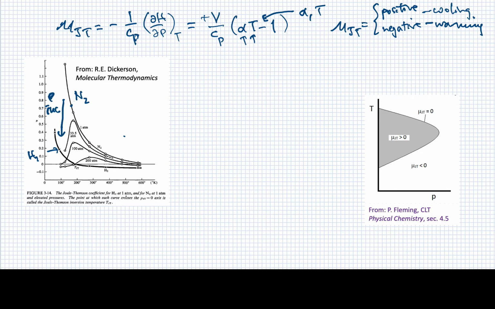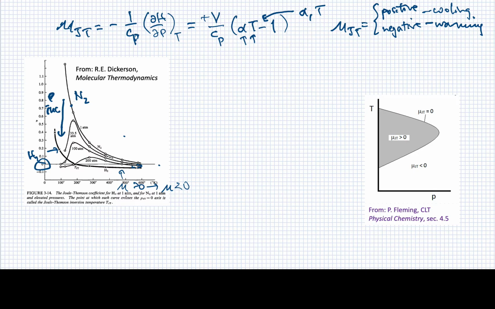Now, what is this showing us? Well, notice that out here there is a temperature at which these curves cross 0. So this is the temperature at which mu goes from being positive to being negative. That's the Joule-Thomson temperature. That's the place where it's going to convert from being a cooling effect to a warming effect.